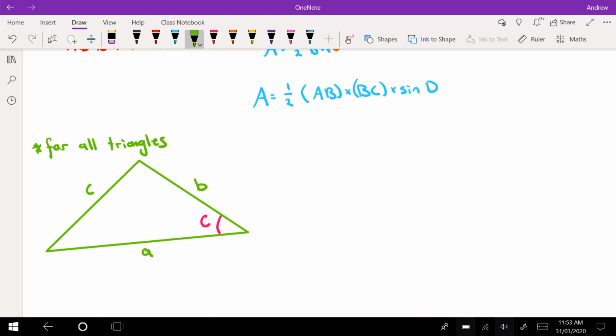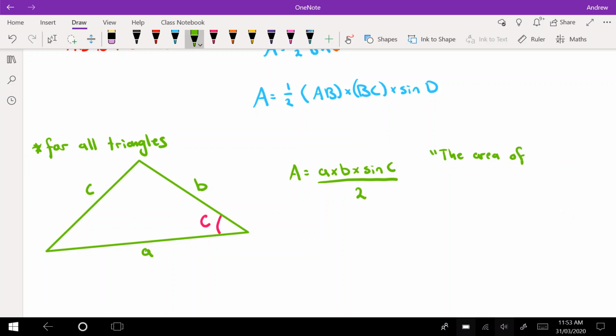And so the area of any triangle is equal to A times B times the sine of the angle C over 2. A times B times sine C over 2, and that is the area of any triangle. And I'm just going to write it in words here.